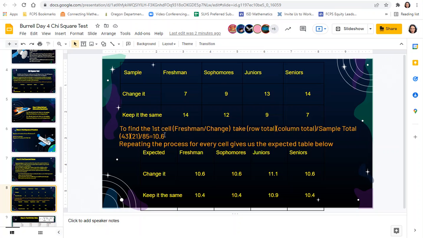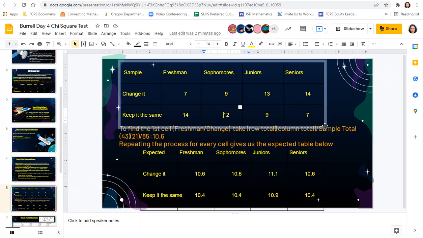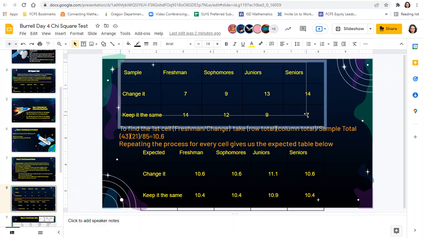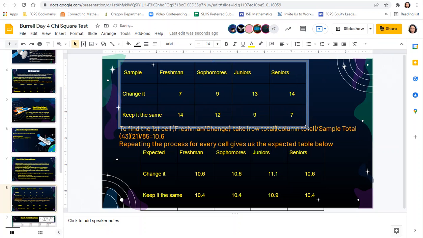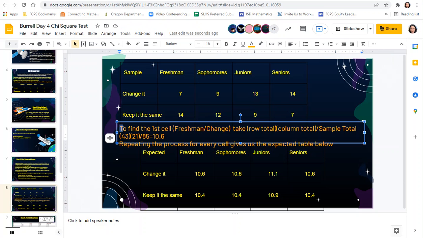So to find our new table, so here's our old table on the top, and to find our new table on the bottom for expected values, we need to know the row total and we need to know the column total. And I wonder if I just resize this, if I can make room for those. I'm just trying to make, oh, it doesn't want to go any smaller. Unfortunately. I can make this smaller though and make room for it.